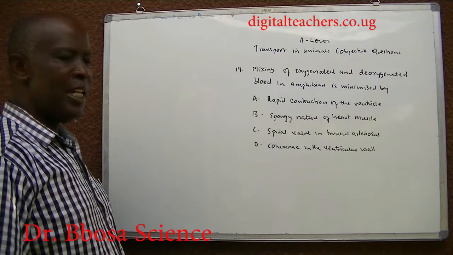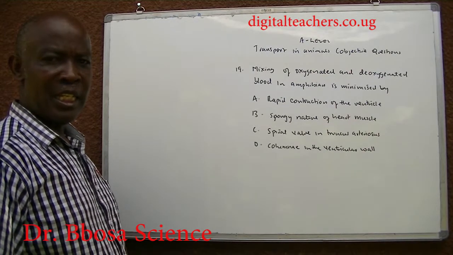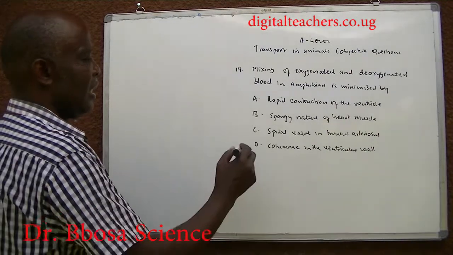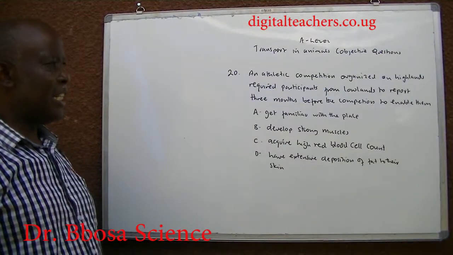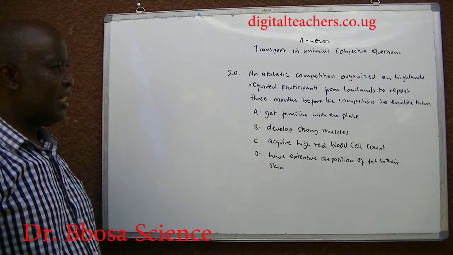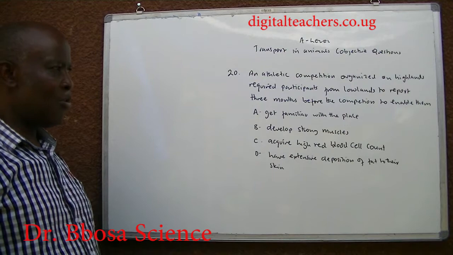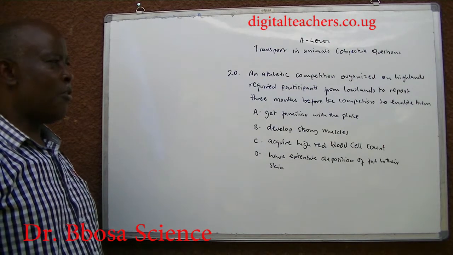D. Columnae in the ventricular wall. You can pause and answer. The answer is C.